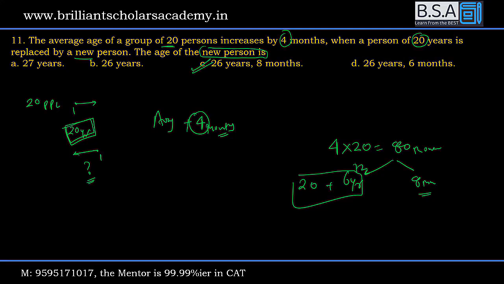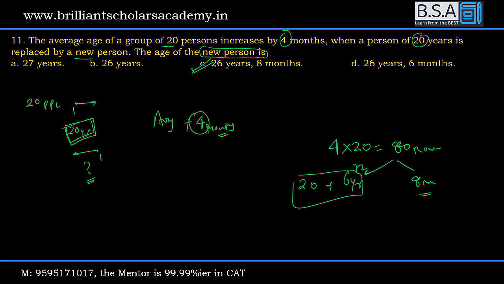This is a very common sense based question. If you think in terms of deviation, the person joining must be above the age of the person leaving. How much above? The person should have 80 months above the person leaving. Why 80 months? Because that is the total increase.